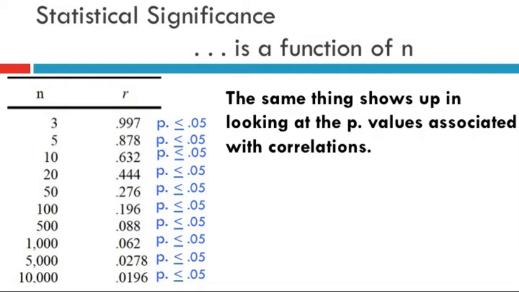So if we only have an N of 3, we can have statistical significance, but that correlation has to be as high as 0.997. Now, even a correlation as small as 0.019, where the interrelationship between two variables is less than 2%, is statistically significant if we have a population of 10,000.